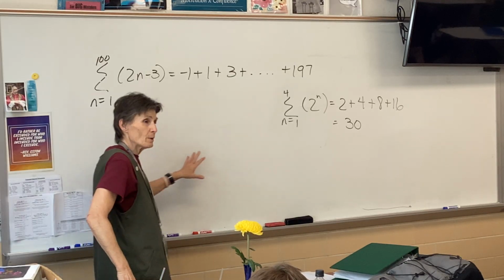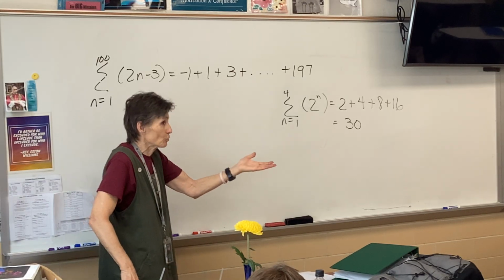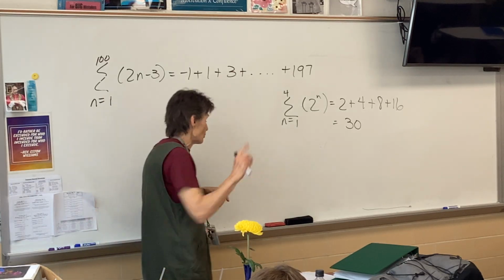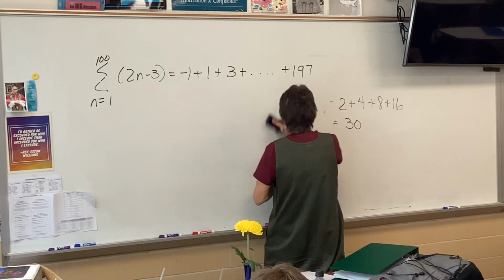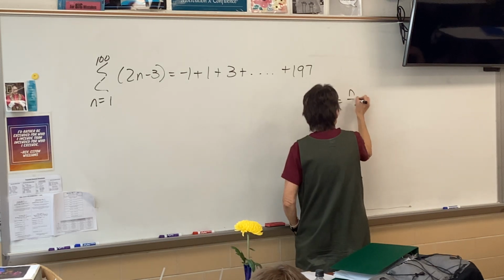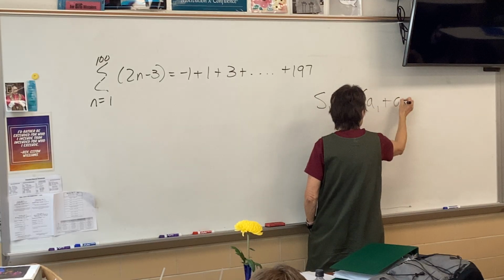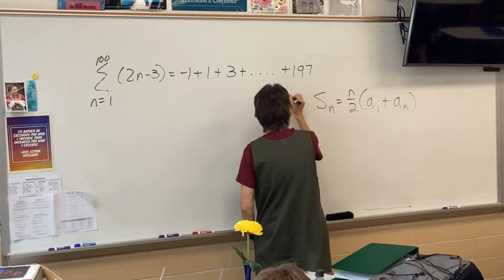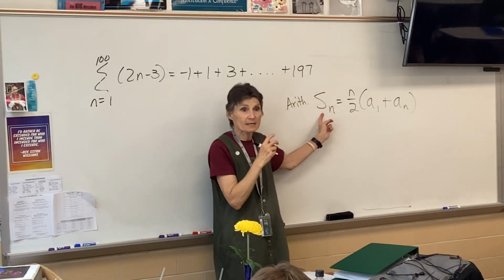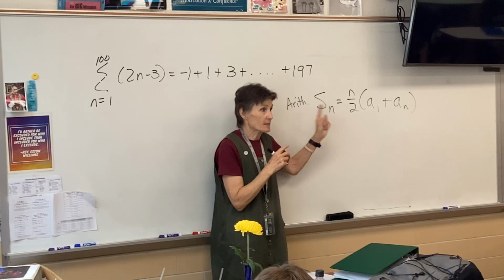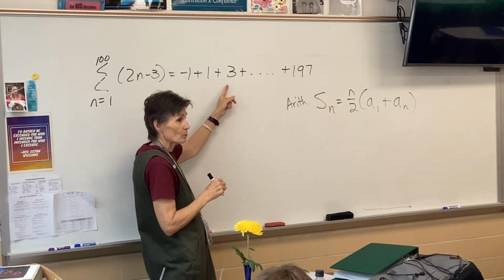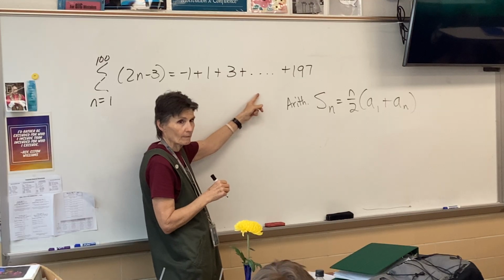Luckily, you know how we had formulas to find the 203rd term? We have formulas to add these up also. So 2 new formulas to add to your list. This is your arithmetic sum formula. Notice it has an S, for sum. So this sequence is arithmetic. Would you agree with that based on what I wrote out here?